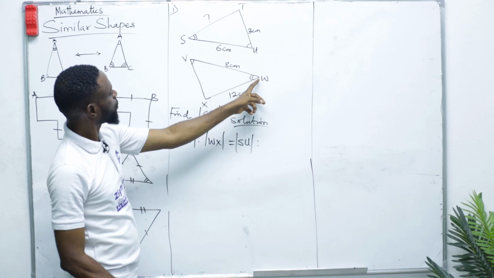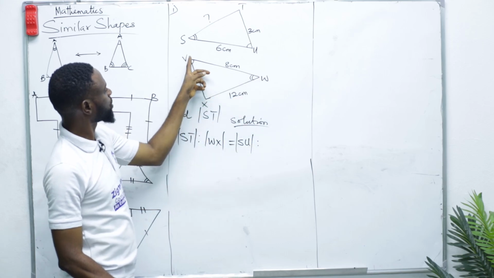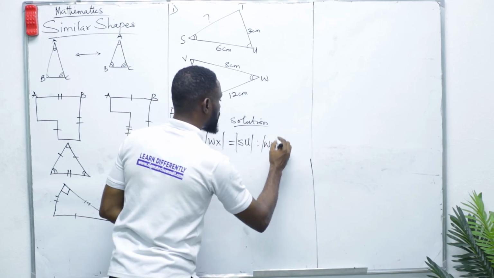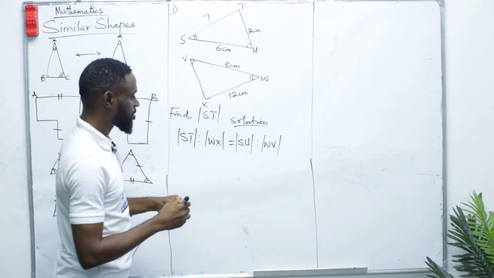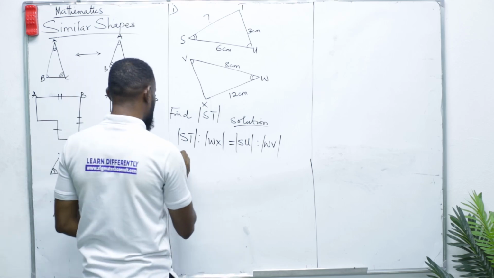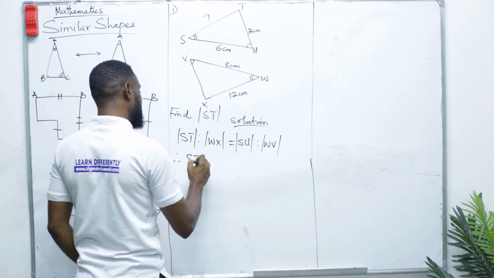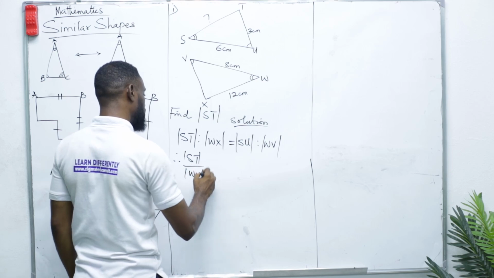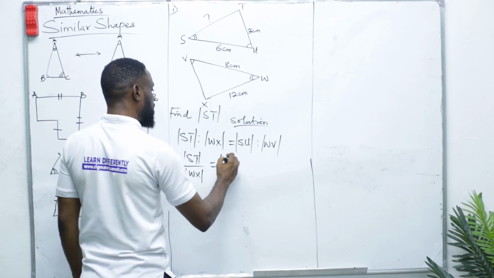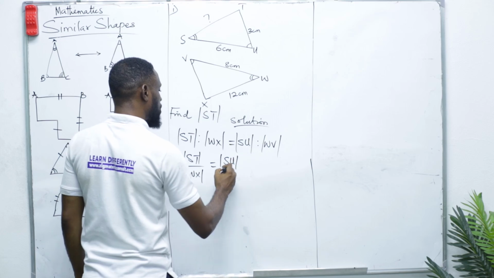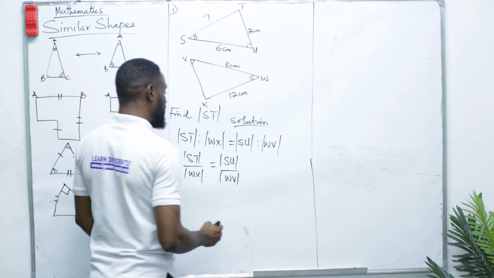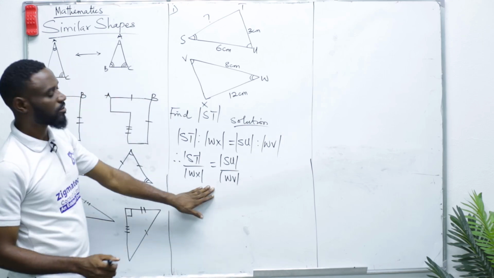So we have here double to single, that is WV, line WV. Is that correct? That is it. So this means that ST all over WX is equal to SU all over WV. Right? That is what it is.